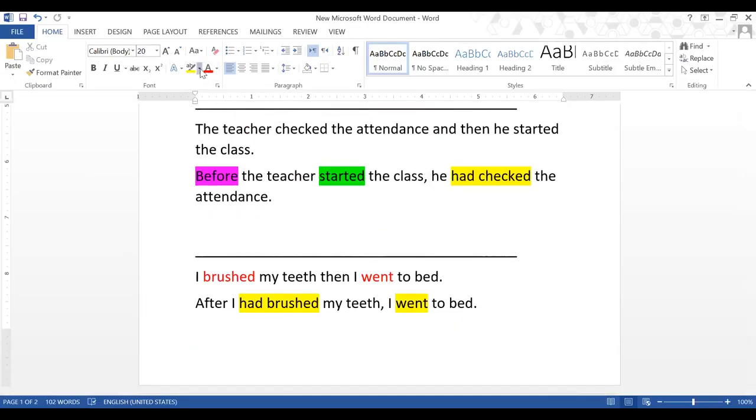Because the expression after must be followed by had plus past participle, not like before, which is followed by verb 2. So after I had brushed my teeth, I went to bed. So before is followed by verb 2, after is followed by had plus past participle. Okay.